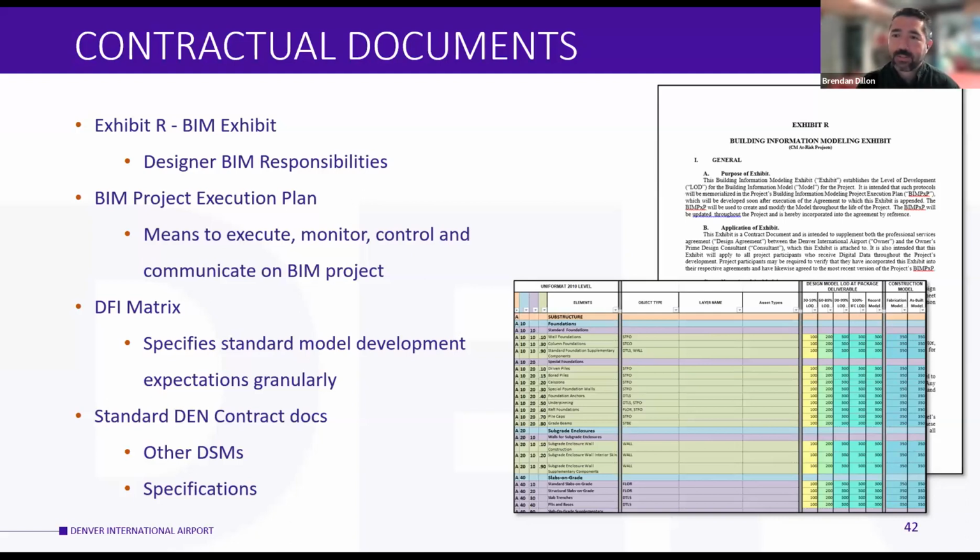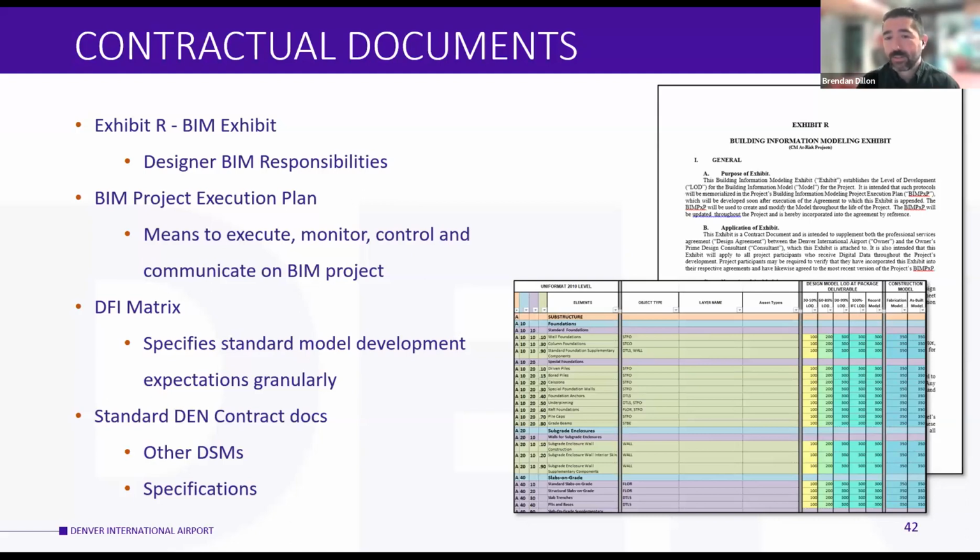We have our typical standard for our designers, our Exhibit R. It lays out the obligations in relation to the execution plan, which is something that we implement on every project at DEN. We approach the execution plan a little bit differently, probably than a lot of organizations. On a lot of projects, you'll see project execution plans almost essentially come down to being the standards for that particular project.